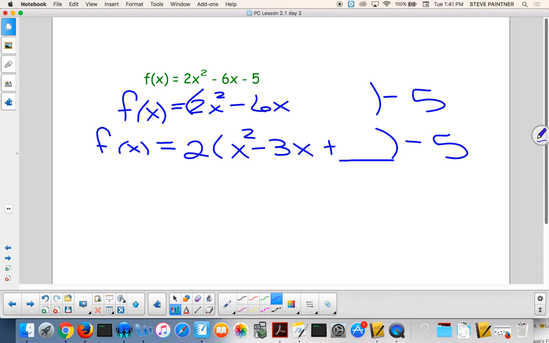How do you get that perfect square right there? Half of b, square it. What's your b? Sylvester, what's your b? -3. Ooh, careful, it's -3.